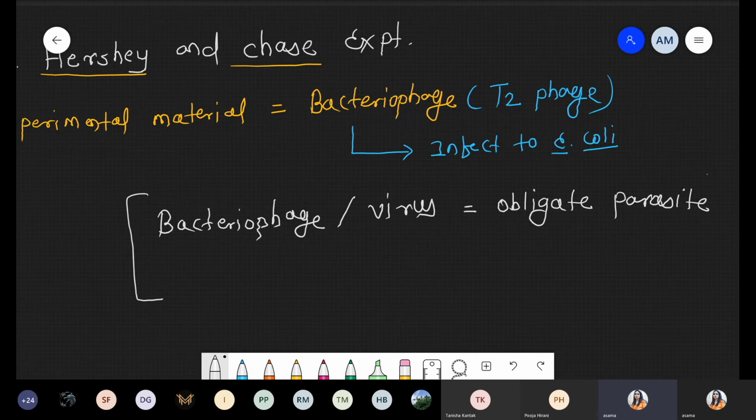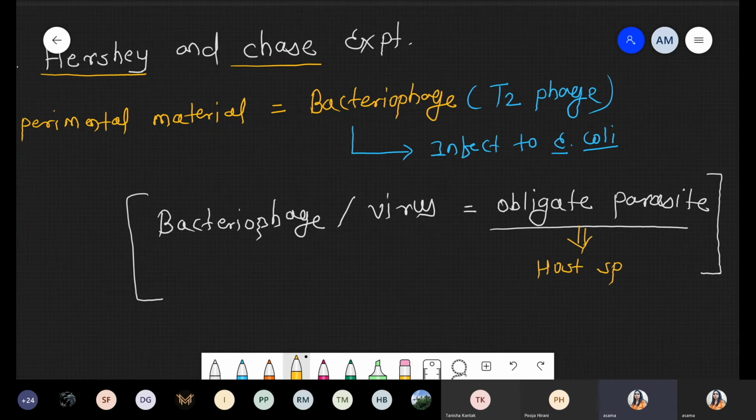These are host specific. Bacteriophage, this type of virus, can only infect E. coli. It never infects Lactobacillus. It never infects Clostridium. It never infects other bacillus bacteria. That's why we can say these are obligate parasites. It means host specific. All the viruses are host specific.